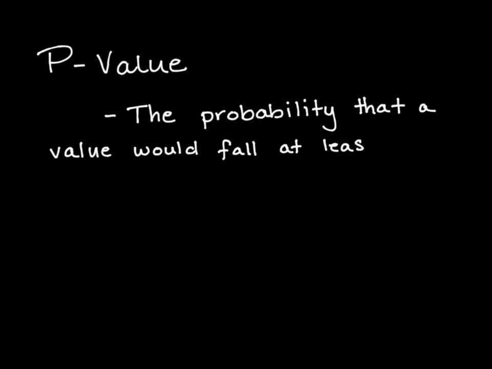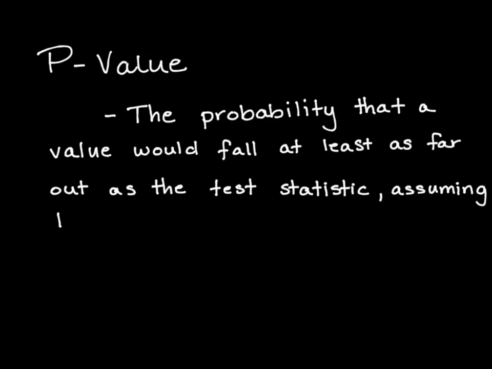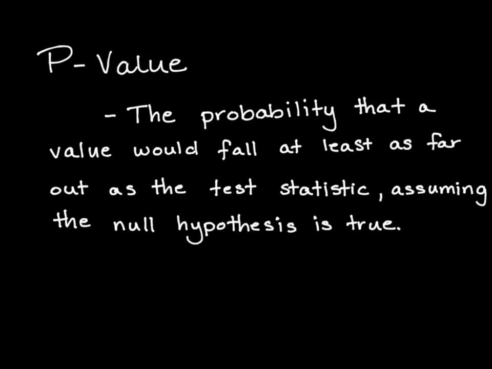Okay, now let's talk about p-values. A p-value is the probability that a value would fall at least as far out as the test statistic, assuming that the null hypothesis is true. That is not a very helpful definition, so the p-value is really just the probability of falling at least as far as your test statistic.